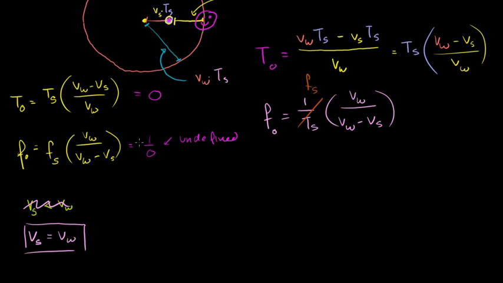So the frequency is undefined at the velocity of the wave, but it will approach infinity as the source approaches the velocity of the wave, not necessarily a sound wave. I keep using sound wave just because that's how I tend to visualize things. And we'll talk in future videos specifically about sound waves, and we'll touch on it a little bit in this video.